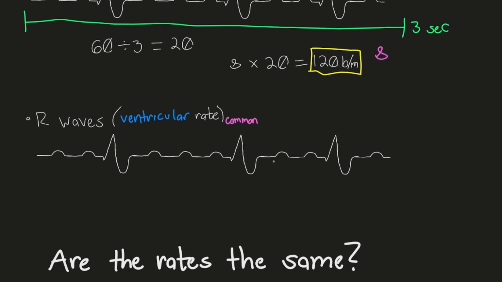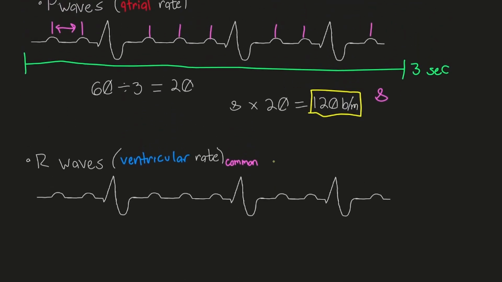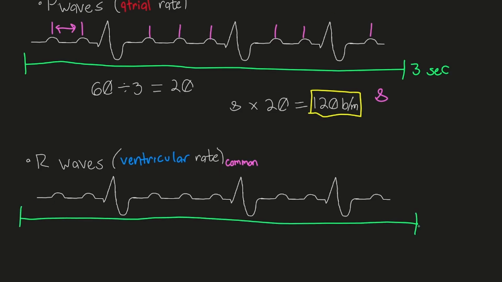Now we go to our R, or our ventricular rate, which is what we're usually referring to when we say heart rate. So again, this is going to be around 3 seconds. Let's count the R waves. 1, 2, 3 in 3 seconds.